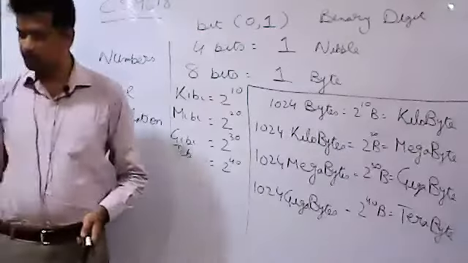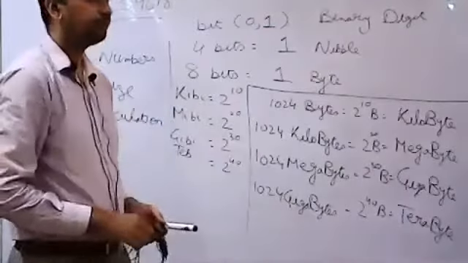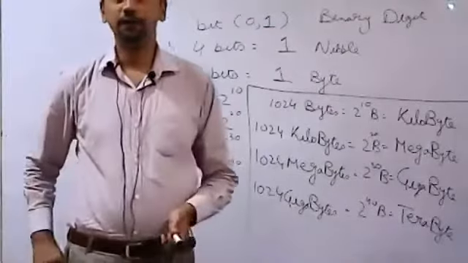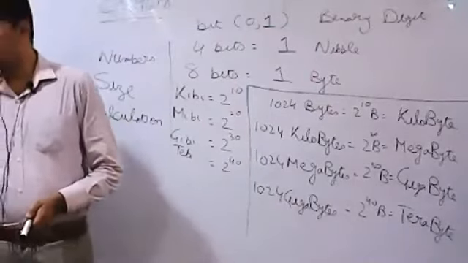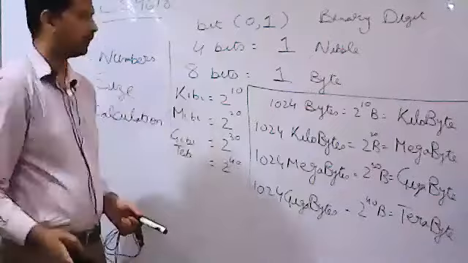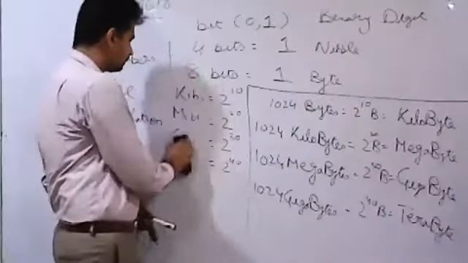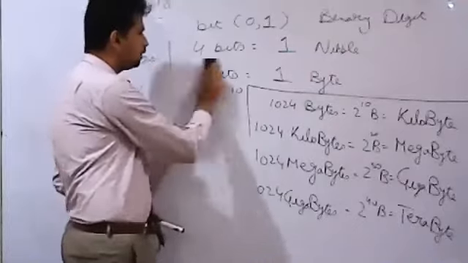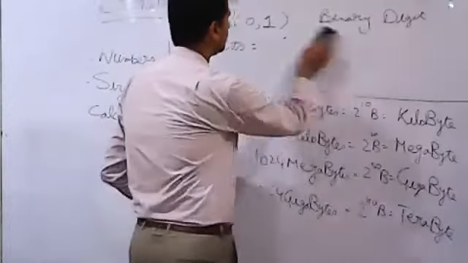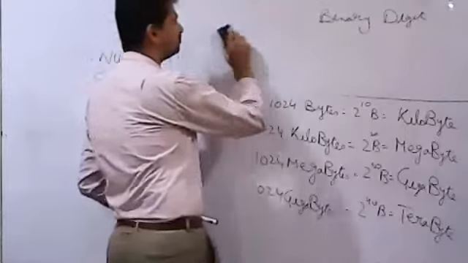If you turn to page number 8 of your books, you would see that the internal coding of integer topic is there. How we actually represent integers in our computer in the binary number system.